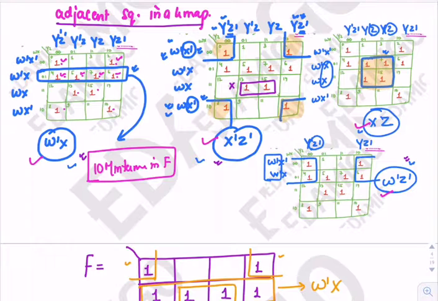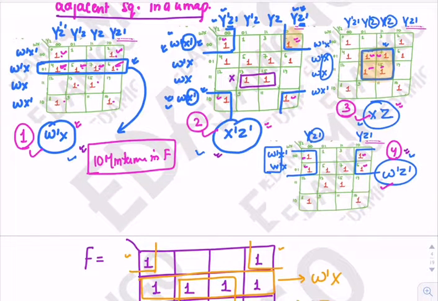Now this is the first prime implicant, this is the second, the third, and the fourth prime implicant. Now if we look at this first min term, it is covered by the second prime implicant and the fourth prime implicant. So this is not exclusive.